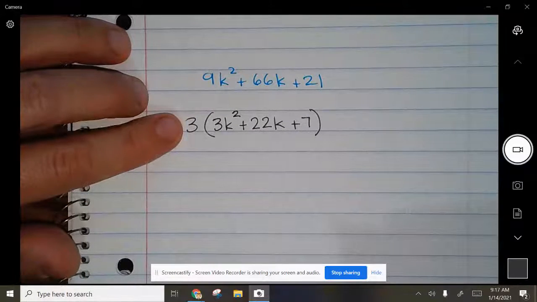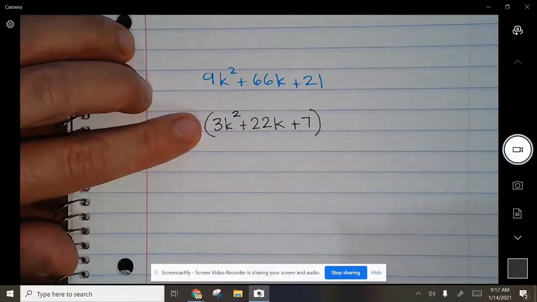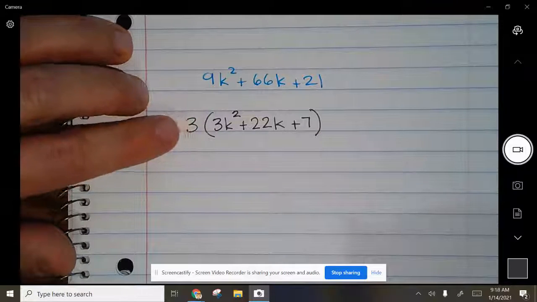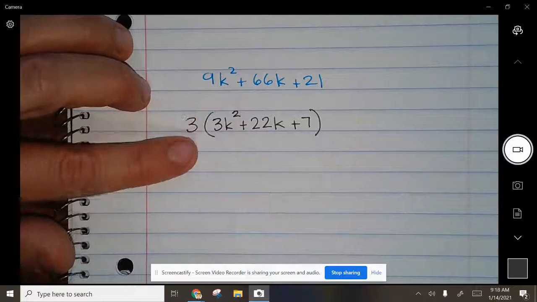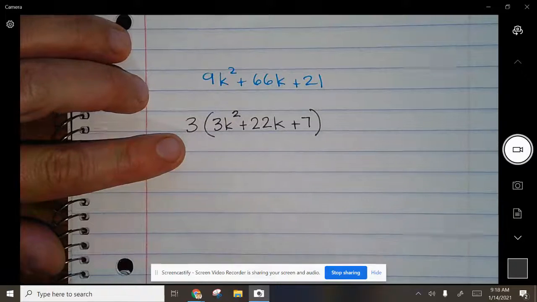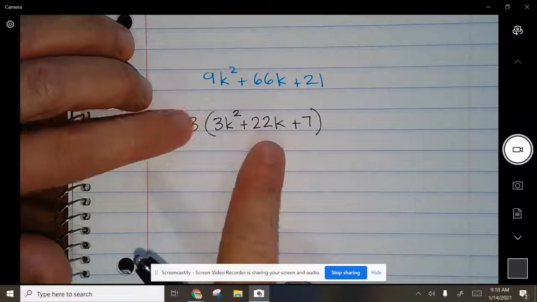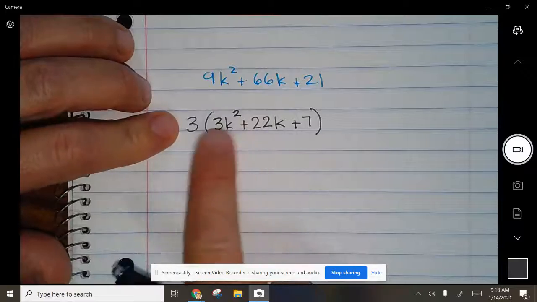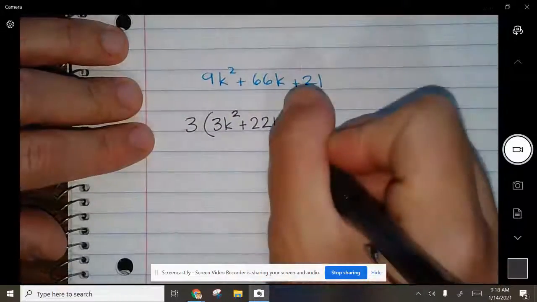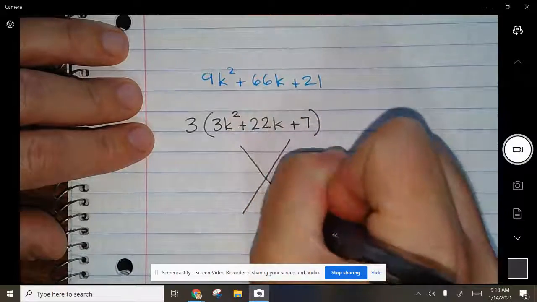You leave this on the outside. I've seen problems where they have it on the outside for multiple choices, and then sometimes some books haven't had that on the outside, but it's weird. You can GCF this to start. Don't even worry about it. Now, this will be part of your final answer. We're going to keep that for later, but we are going to do the X Games of what's inside.